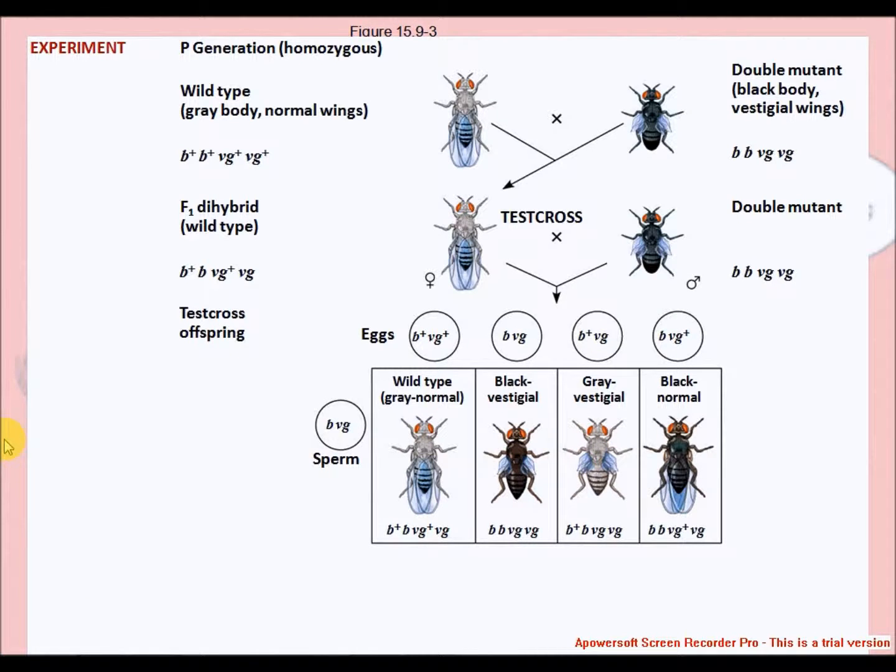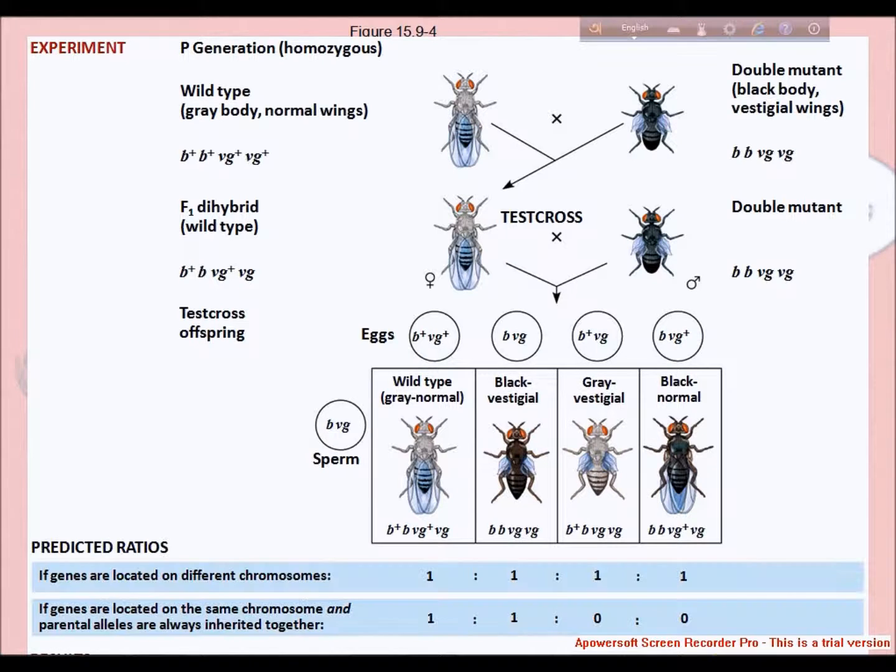After the F1 generation test cross, it produced test cross offspring: the wild type gray normal, black vestigial, gray vestigial and black normal. The predicted ratio, if genes are located on different chromosomes, is 1:1:1:1.